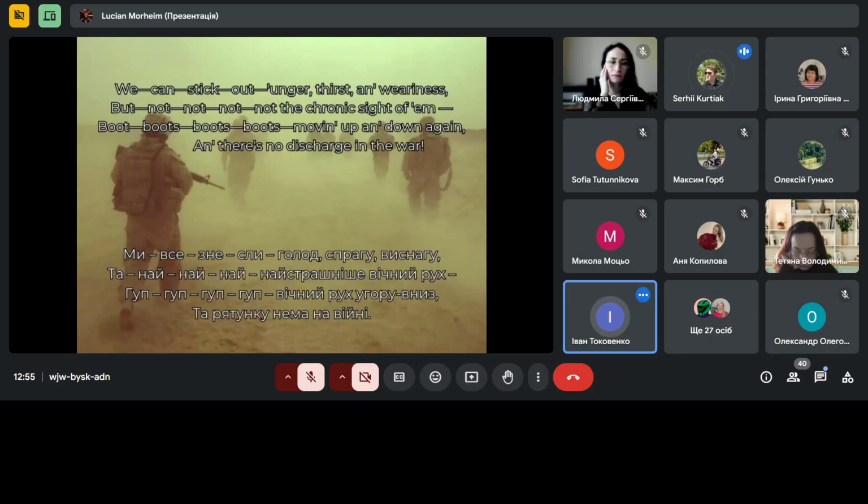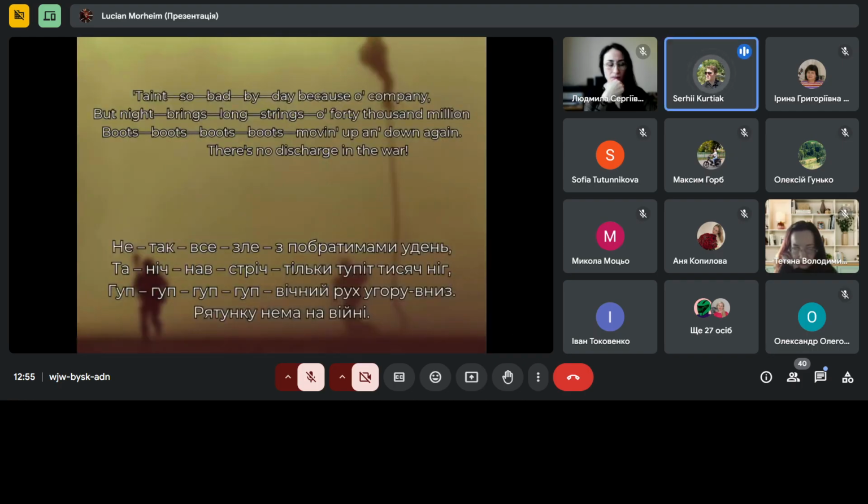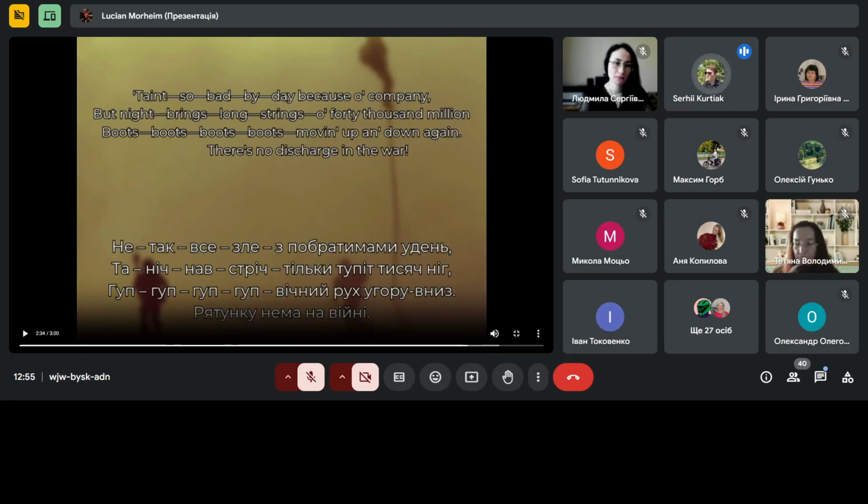Boots, boots, moving up and down again, and there's no discharge in the war. They are so bad by day because of company, but night brings long strings of the dead. Boots, boots, moving up and down again. There's no discharge in the war.